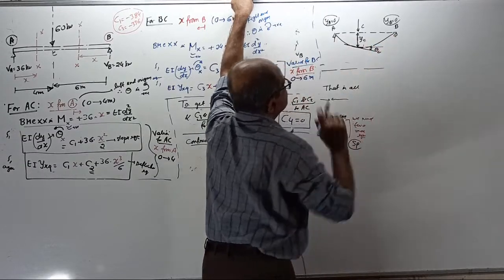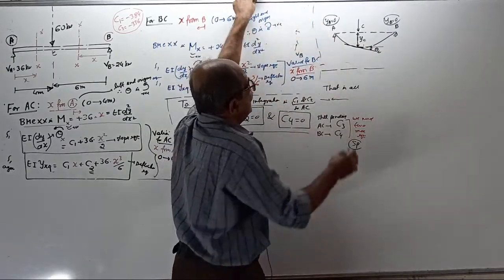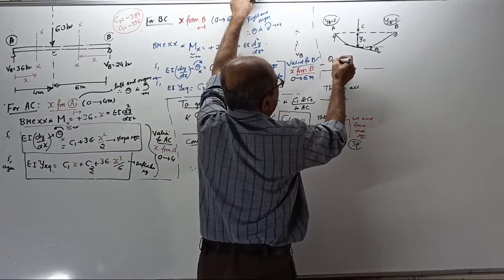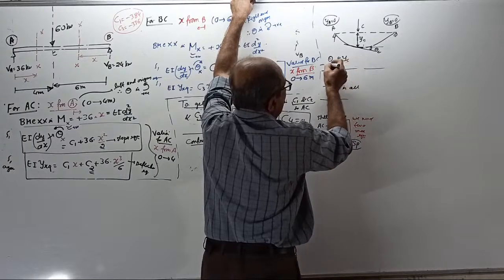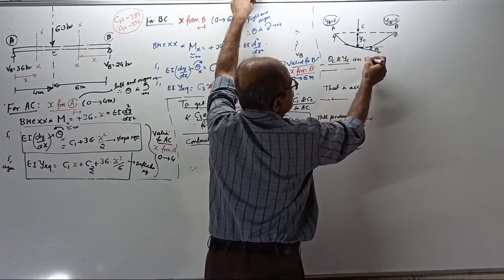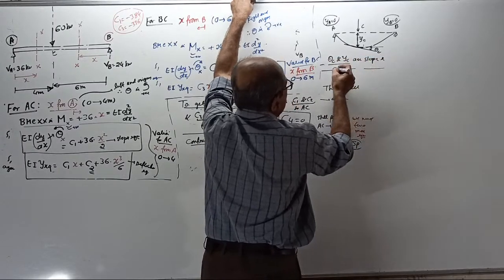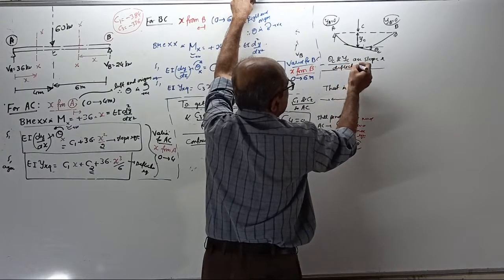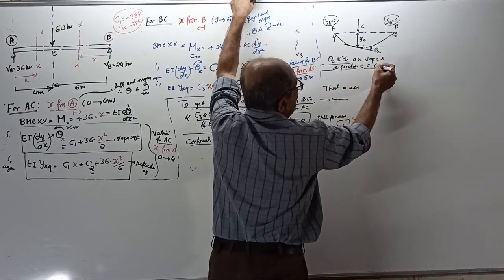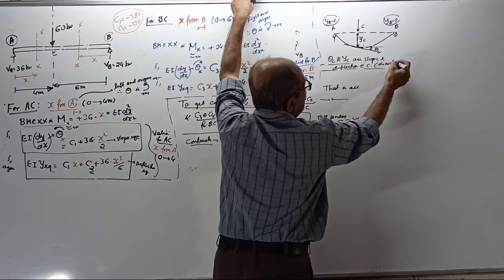Slope at C. So remember, theta C and yC are the slope and deflection at C. Here, direction not shown.